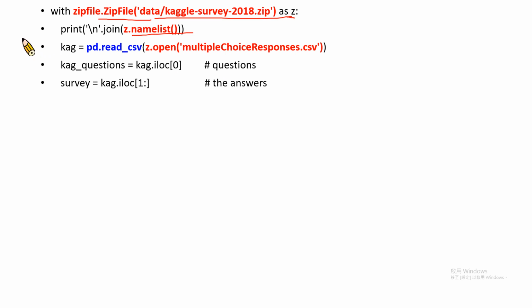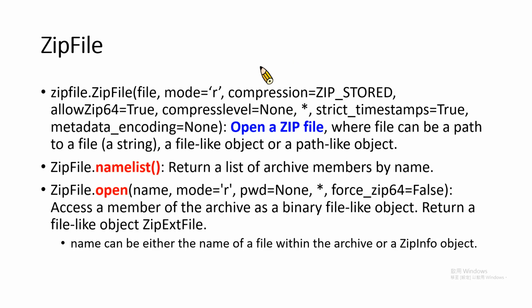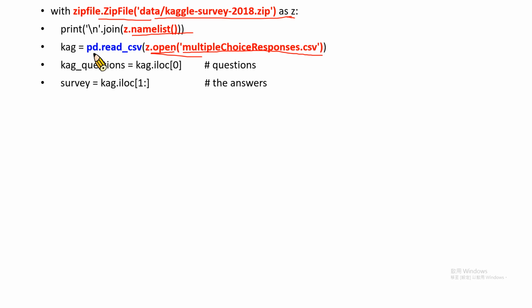Then we use open to open a specific CSV file, and it will return a file-like object called ZipExtFile, which can be used later, like in read CSV, so that the file content can be converted into a data frame called KCAG.